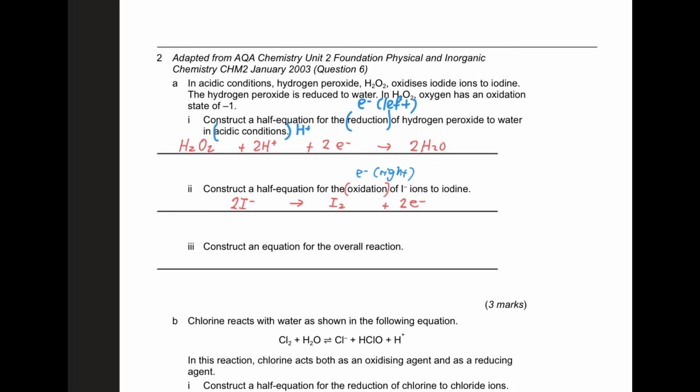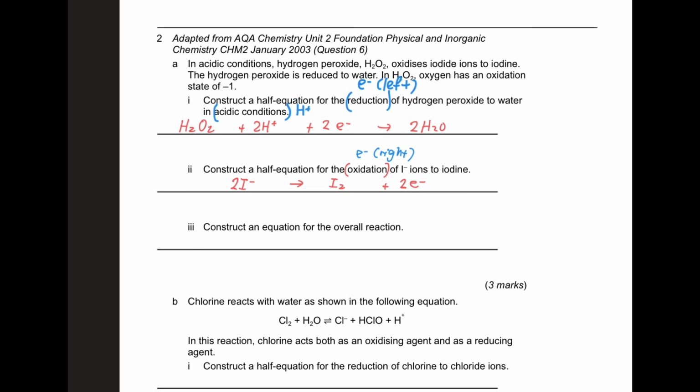Now part 3, construct an equation for the overall reaction. So for the overall reaction, we have to look at the half equation for the reduction and the half equation for the oxidation, and make sure their electrons are the same. In this case, they are the same.